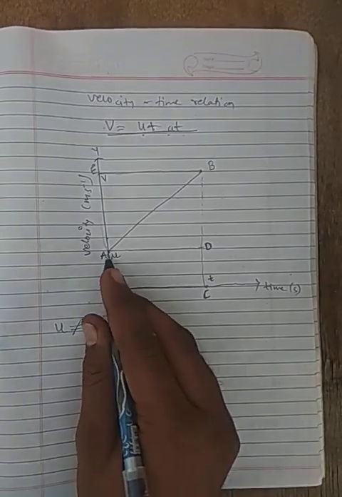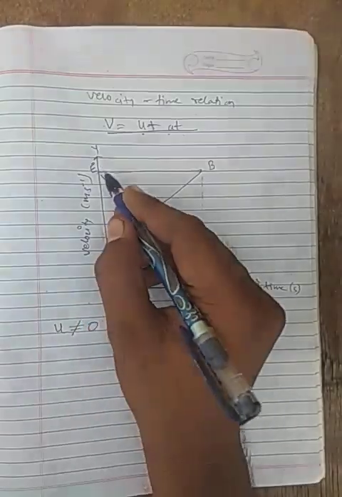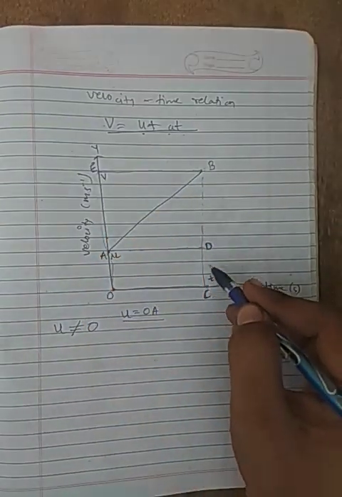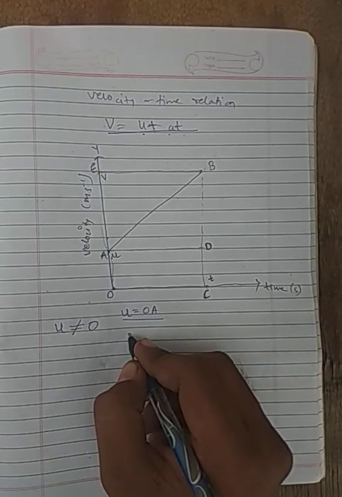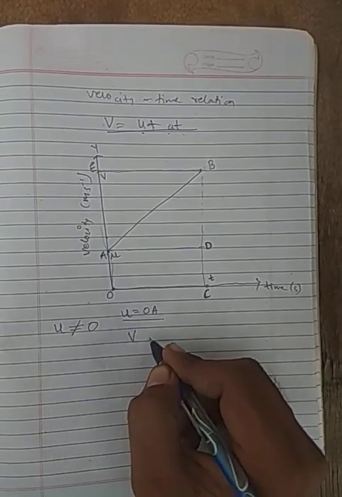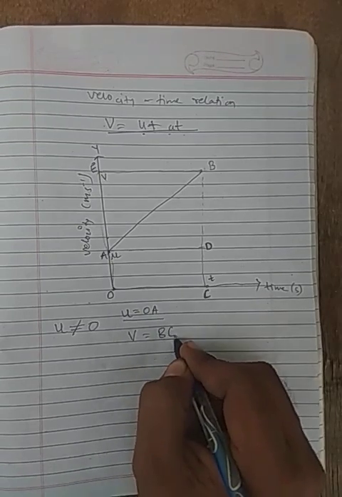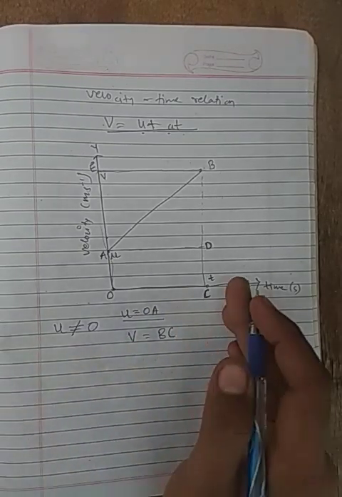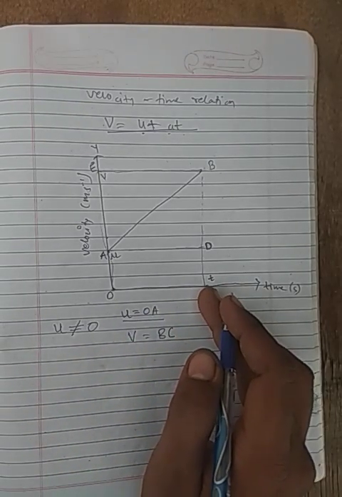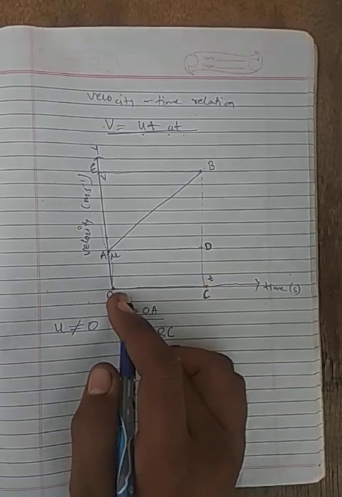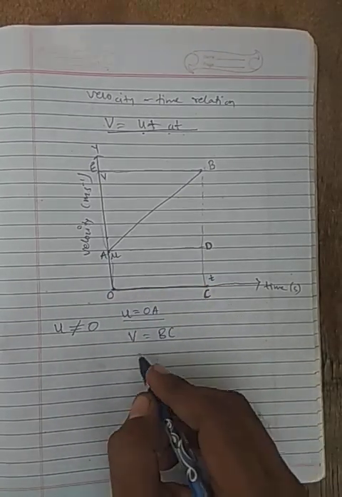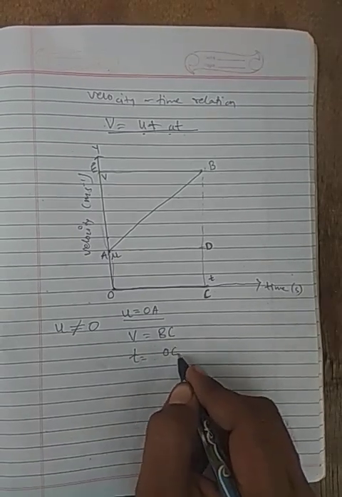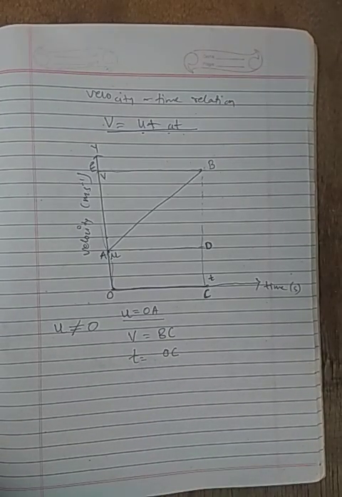Final velocity reached here, B to C, is the final velocity. So let's say that V, the final velocity, is equal to BC. Time, now time is OC, this much time is taken. So O to C is time, so t is equal to OC.